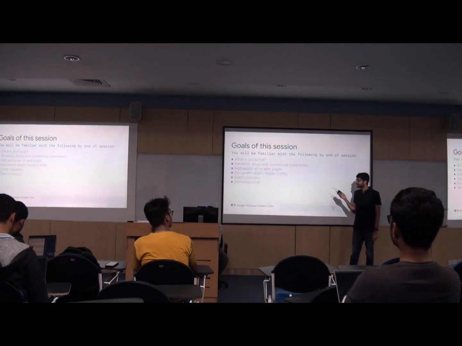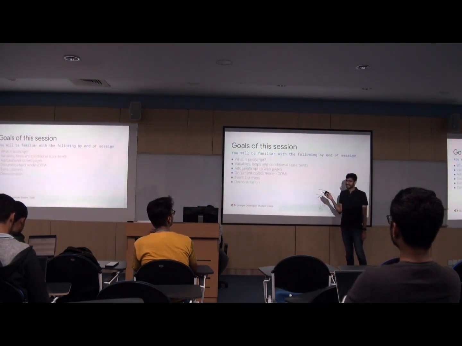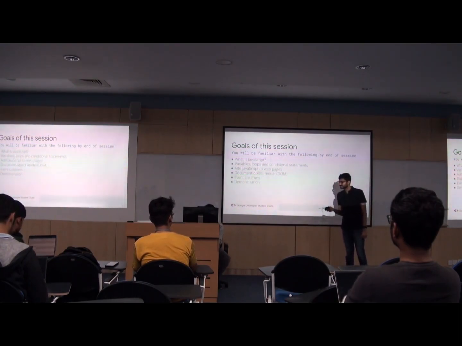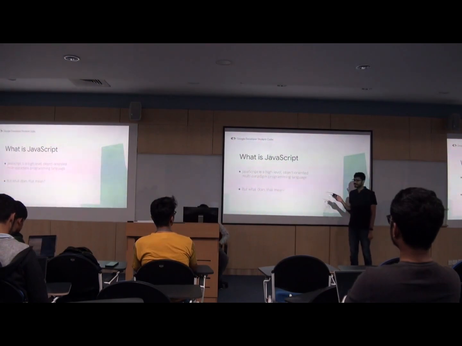So what is JavaScript? Does anyone here have any idea? I mean, it's written there, but what do those terms mean? JavaScript is a high-level object-oriented multi-paradigm language.